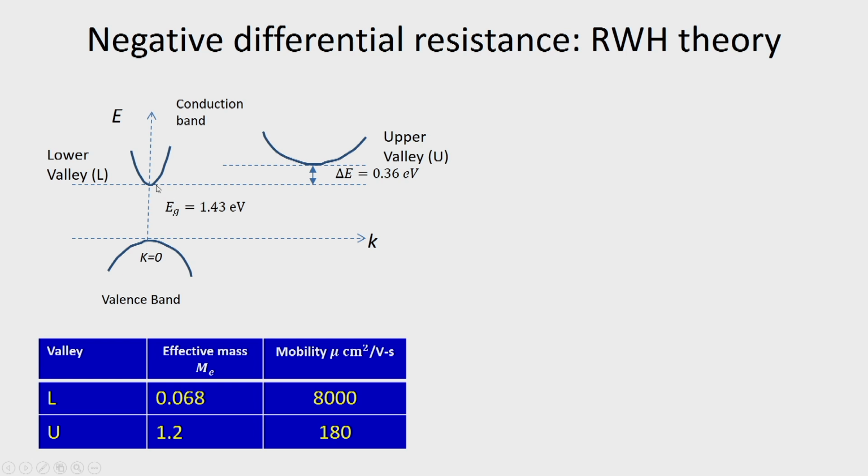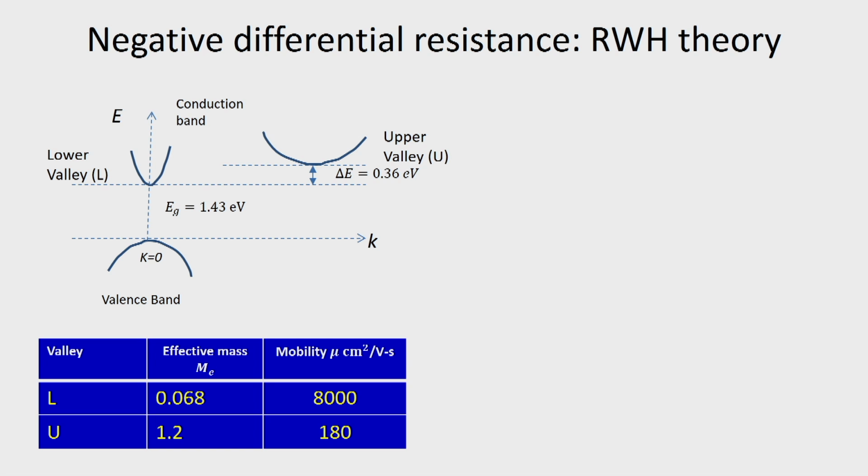In the lower valley of the conduction band, effective mass of the electron is 0.068 and mobility is 8000 centimeter square per volt second.